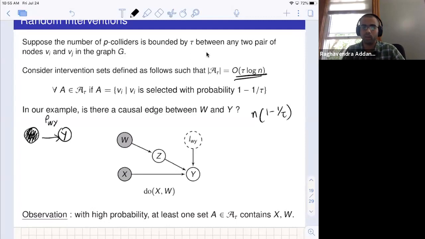So the crux of the argument is finding a good conditioning set, and this conditioning set suffers from the issue due to colliders, that we should never condition on colliders. And in our case, because these colliders lie in the ancestral set, ancestors of every node, we had to define this notion of P colliders. And if we intervene on these P colliders, it's sufficient.